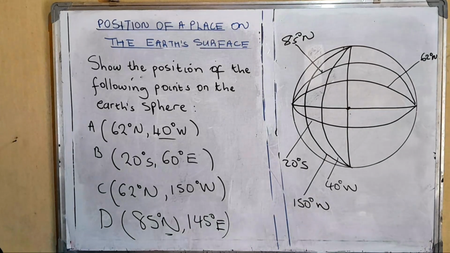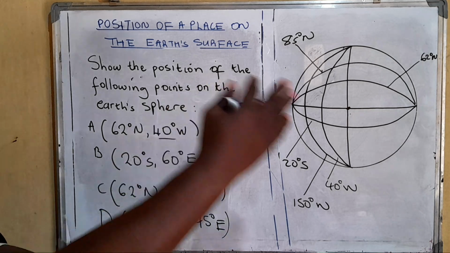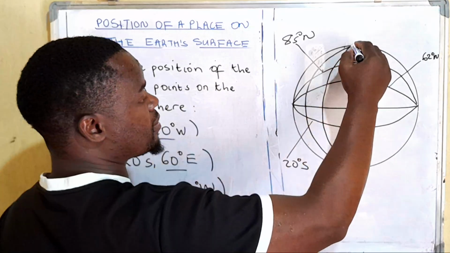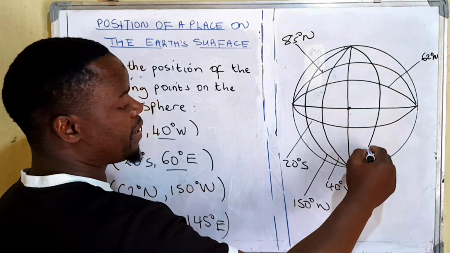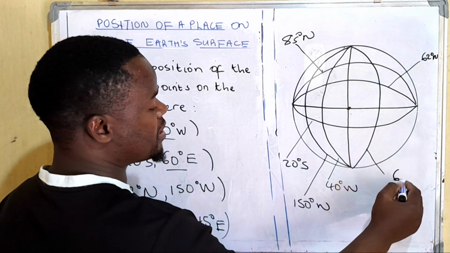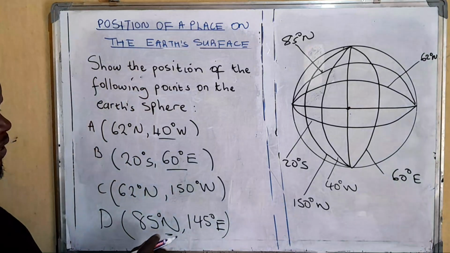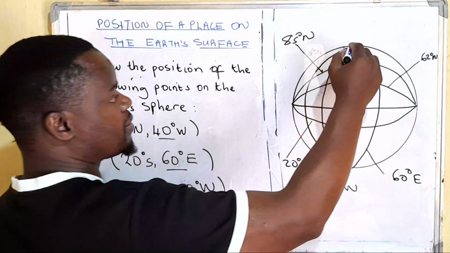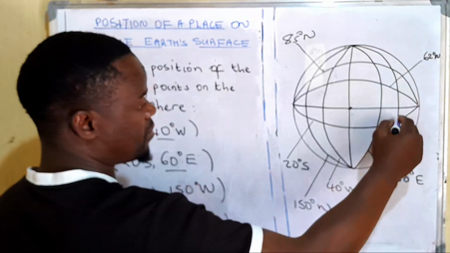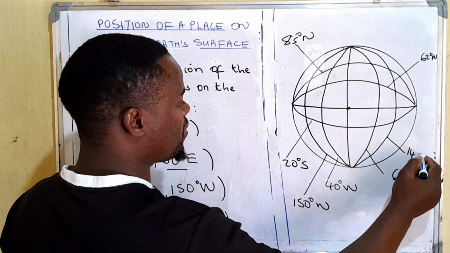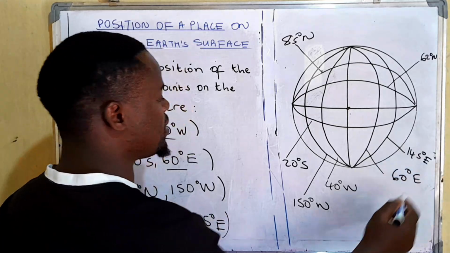Right? We have 2. And then we have 2 in the eastern hemisphere, right? This one, which is 60, so this one is somewhere here. That's 60 degrees east. Then we have 145 degrees east. This one is 145 degrees east.